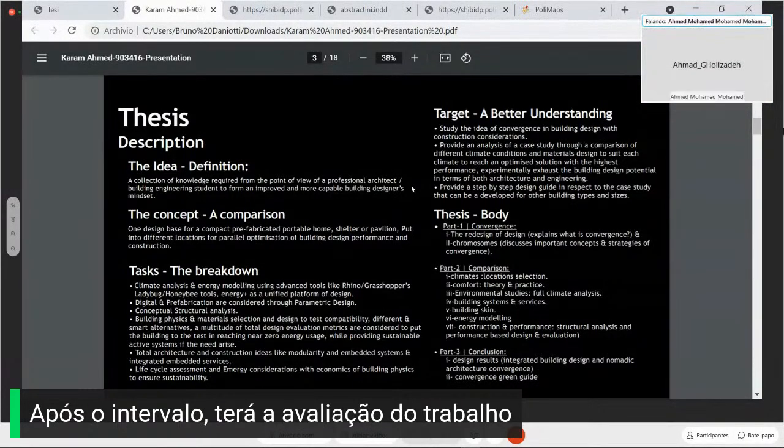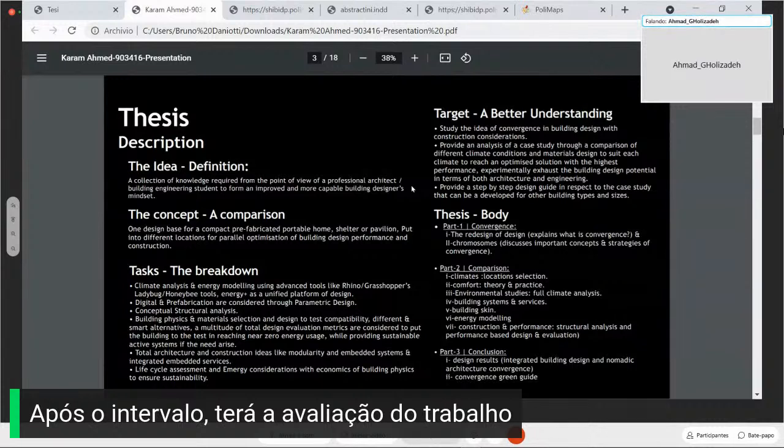The main target was to study the idea of convergence, building a huge analysis canvas for design in convergence mode. So considering all aspects of design, and to provide a sort of step-by-step guide in respect to the case study that can serve as a developing guide of a design of my own taste and experience in design and architectural and building engineering.